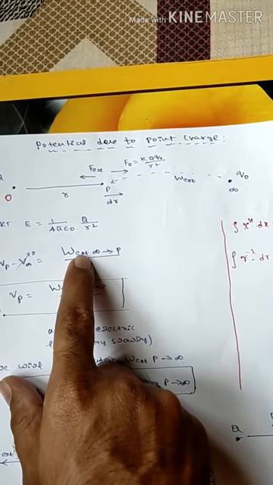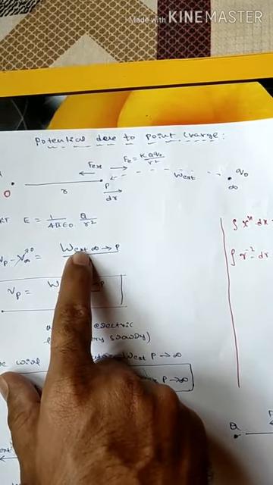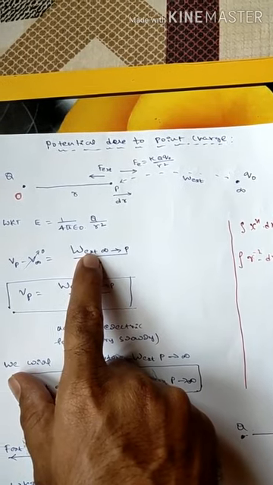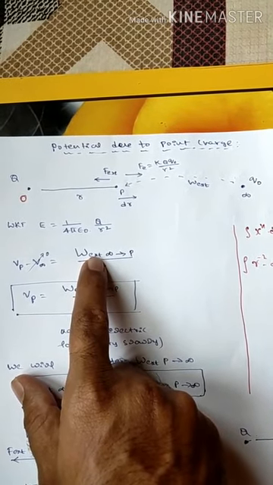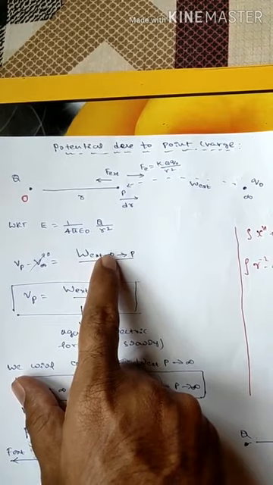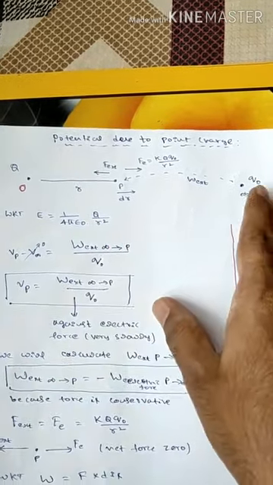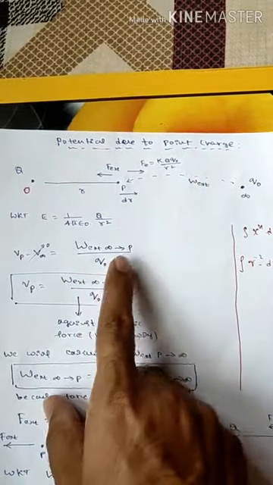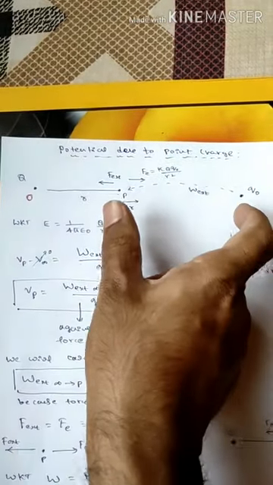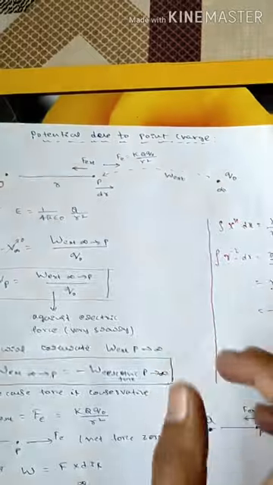Work done by the external agent. External agent means it is from our side only, clear? Work done on the test charge from our side, then the test charge moves from infinity to P point, divided by how much charge is taken at this point, that is Q naught. Dividing these two we get a potential difference between these 2 points, clear?